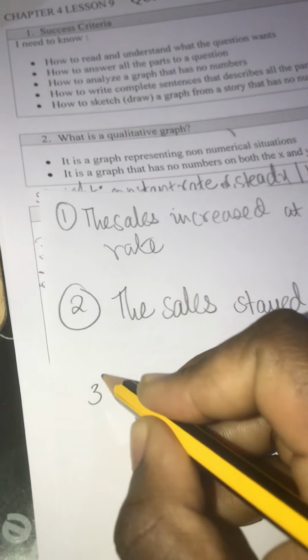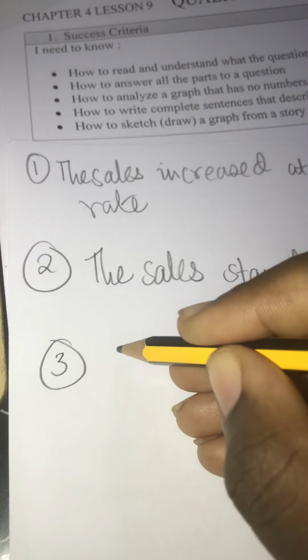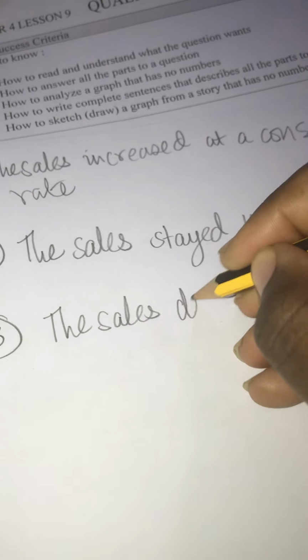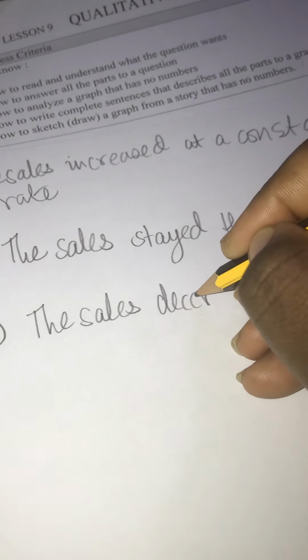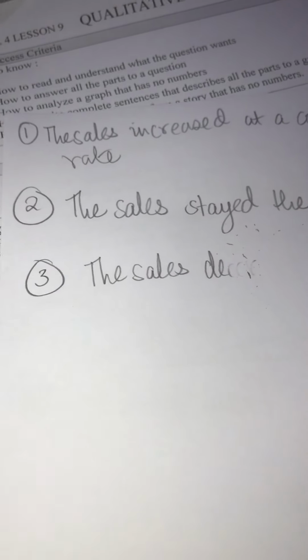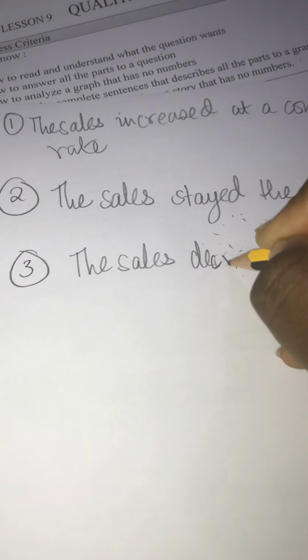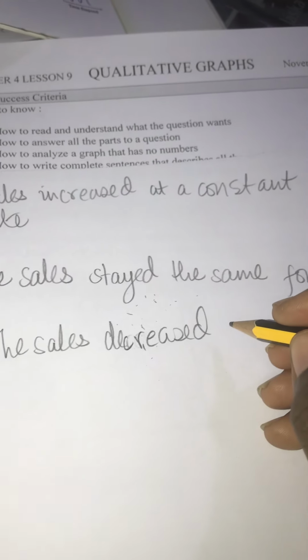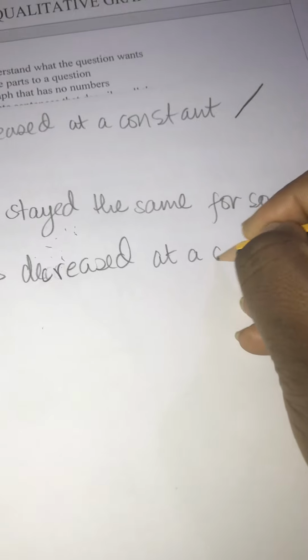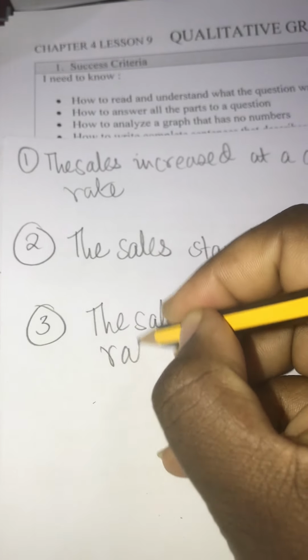And then part 3, what happened in part 3? The line went down. So the sales decreased at a constant rate.